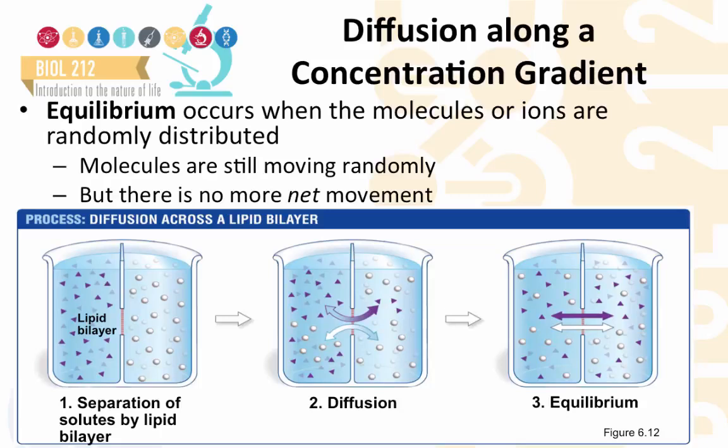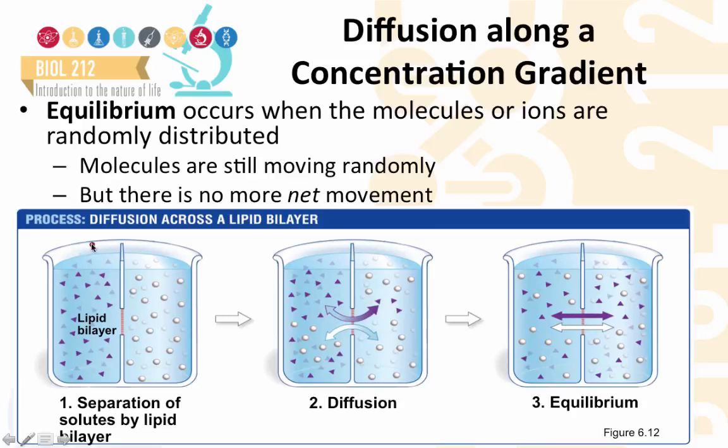This process continues until equilibrium is reached, meaning that the concentrations of solutes on either side of the membrane are equal. Note that molecules are still moving randomly within the solution, but there is no net movement of the solutes from one side of a membrane to the other.